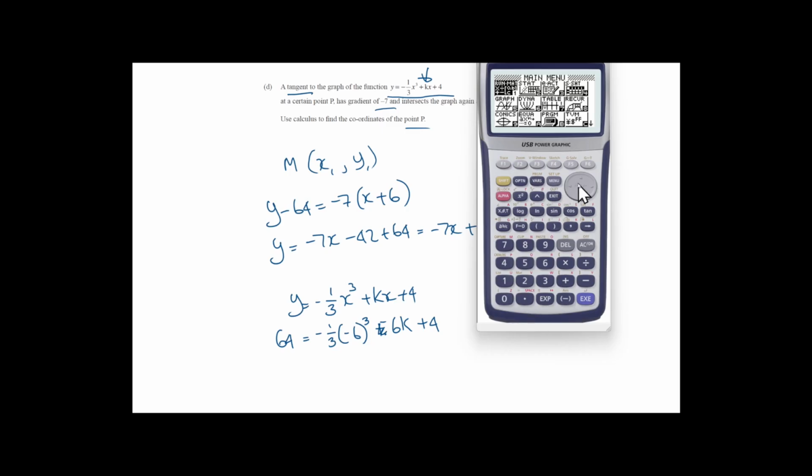So let's cheat. Go to the solver so you can see how it works. 64 equals negative 1 over 3 times negative 6 cubed, minus 6x plus 4. k equals 2.